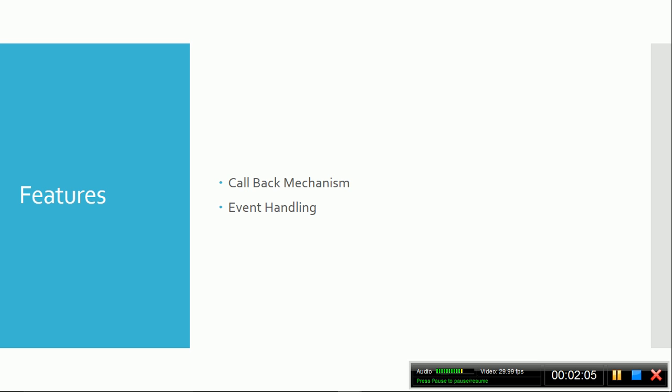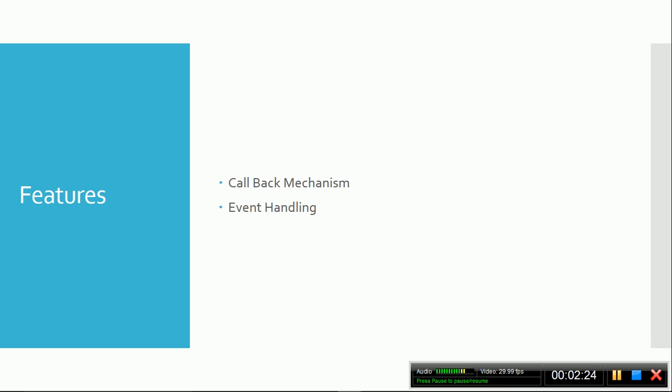First of all, what is a callback? In simpler terms, when we call a function, and that target function which we call in turn calls our own function, it's known as a callback function. I will repeat it again.